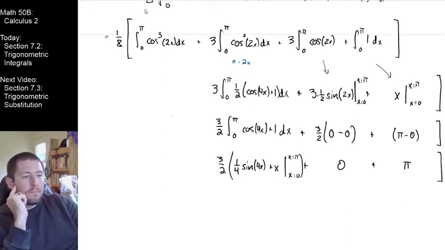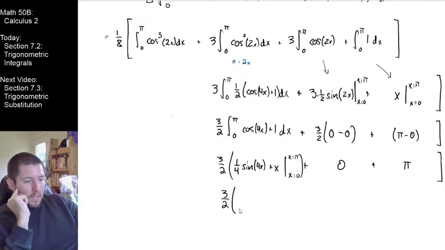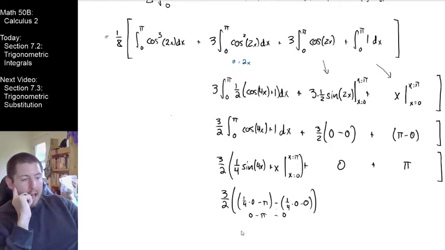We're going to get 3/2 times a 1/4 times 0 minus pi as my first grouping, minus, now plugging in x equals 0, again a 1/4 times 0 minus 0. Overall, the only thing I see here is 0 minus pi minus 0. So it looks like this is going to be negative 3 pi halves as my overall contribution here.